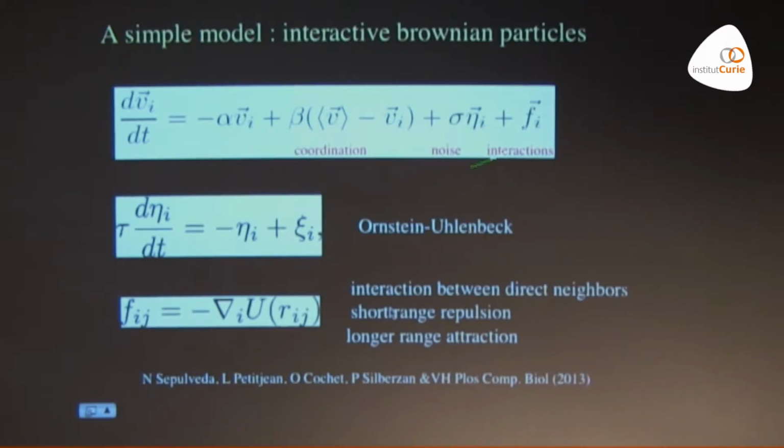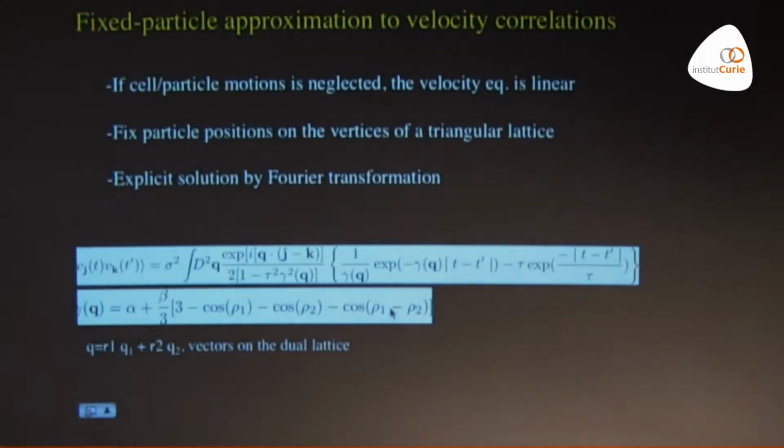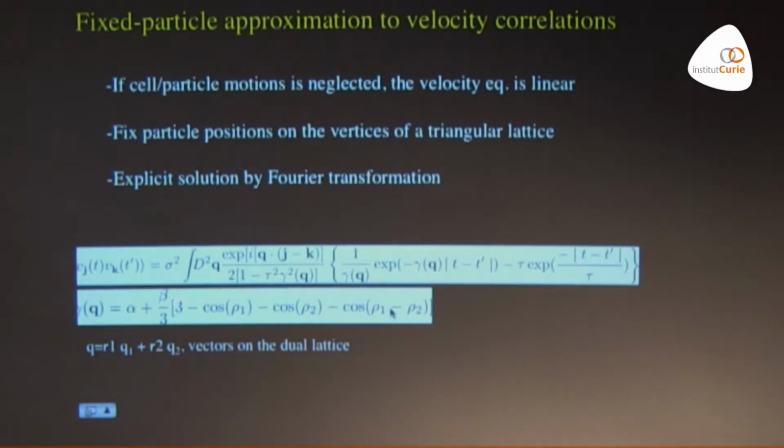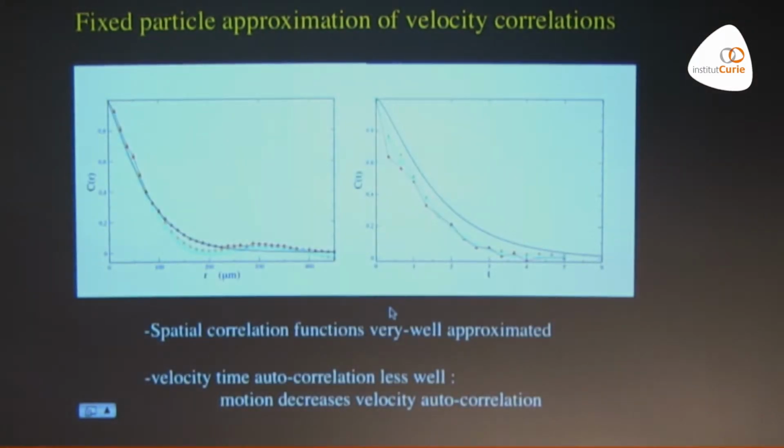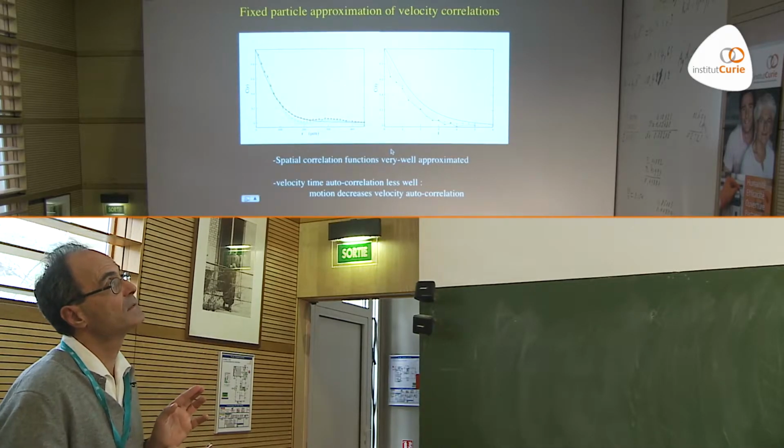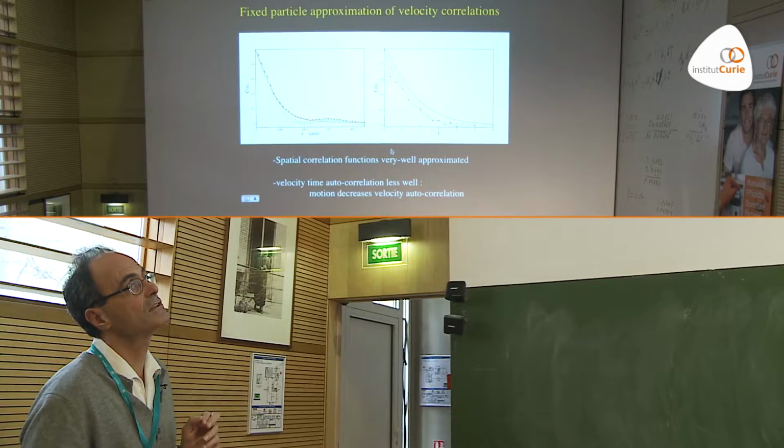So all these forces will balance, and this will be 0. And we can forget that V changes the position of the cell. So basically, we can just solve this equation for the velocity, which is a linear equation. So you can get the solution by Fourier transform of this equation, and then you can compare with what you obtain. And actually, it's a quite good fit of the correlation in space, slightly less of the correlation in time.